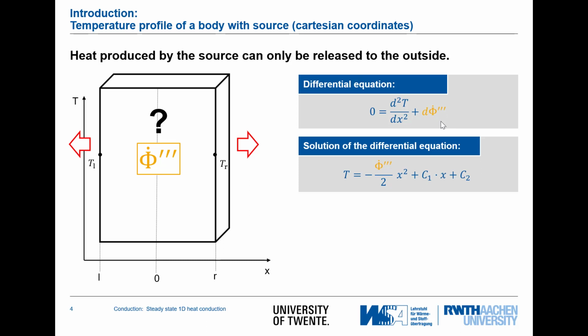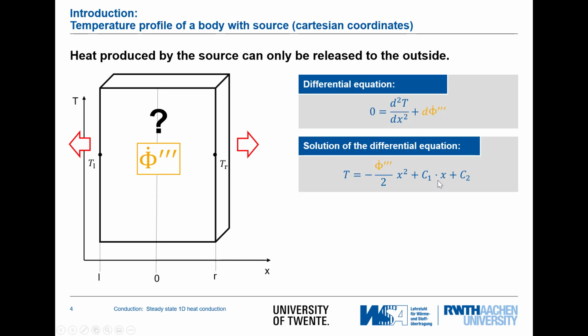The solution of this differential equation we have to integrate, of course, twice. Due to the two integrations, we have at the end our volumetric heat generation associated with x squared, plus then the known solution for the temperature profile if the heat generation is missing.